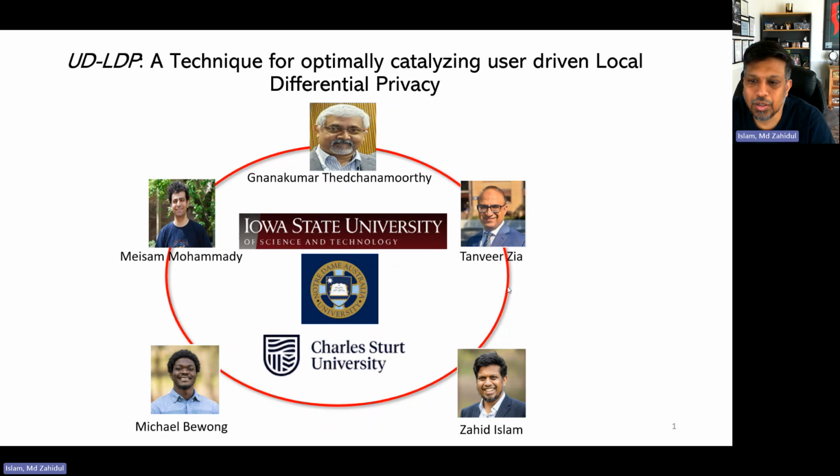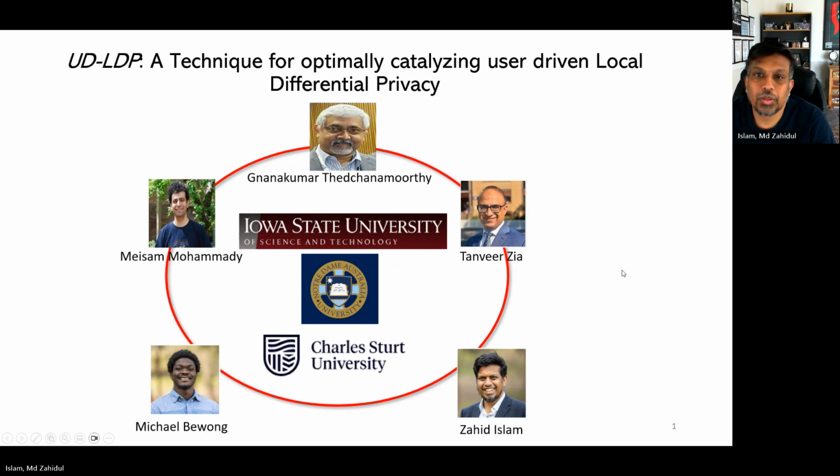And the co-authors are Professor Tanveer Zia from Notre Dame University, Australia, Professor Maisam Mohammadi from Iowa State University in the United States, and Dr. Michael Biang and myself, Zahid Islam, from Charles Sturt University. Yana was a PhD candidate at Charles Sturt University. And this project was funded by the Cybersecurity CRC in Australia.